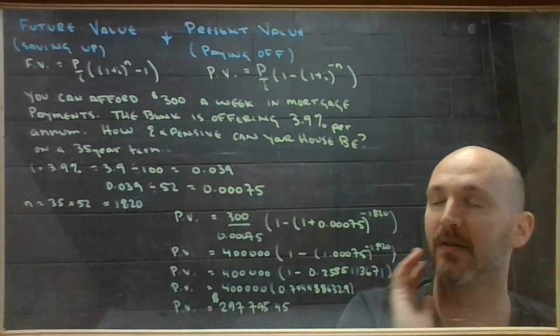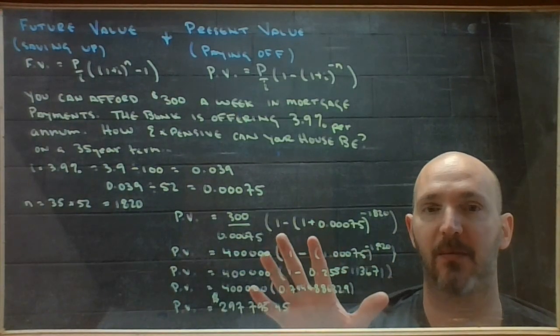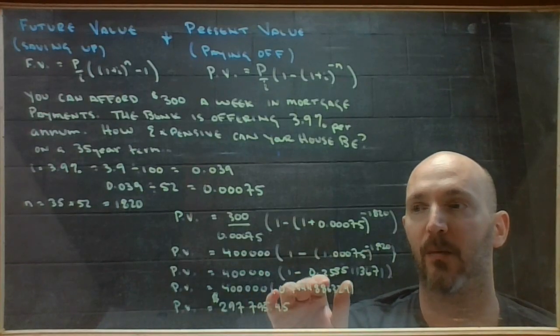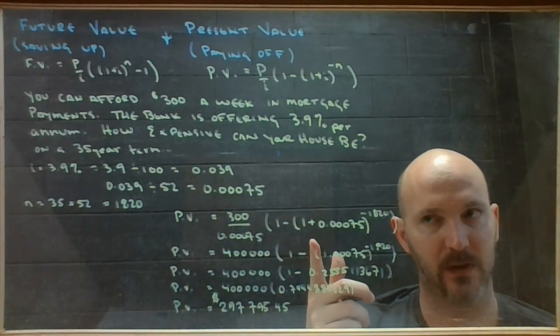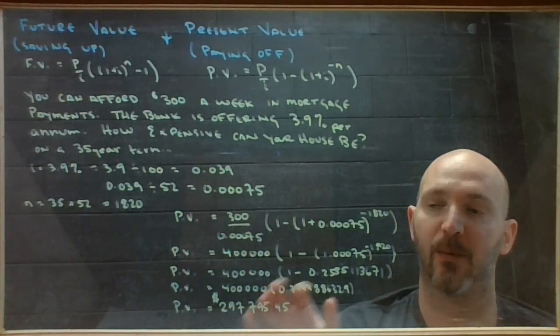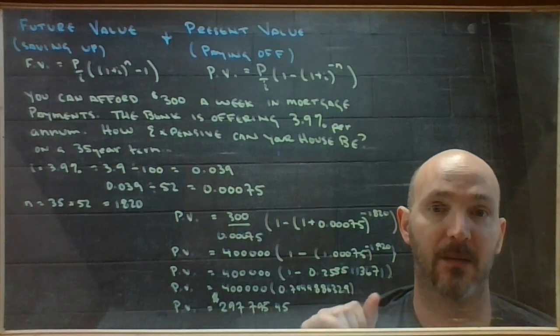Okay, so I'm going to do one more example where we're going to buy something a little smaller, a car, where you know the purchase price of the vehicle instead of trying to figure out how big a mortgage you can get. And then we're going to calculate what the weekly payment would be.